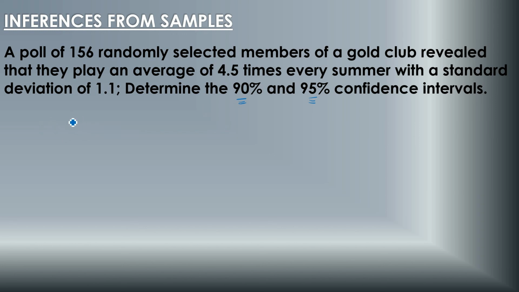And I'm going to go ahead. So my z-score at 90%, I'm going to inverse norm the 0.05. And that gives me a z-score of 1.645. That'll be good enough, which means my error is going to be 1.645 times my standard deviation, 1.1, divided by the square root of 156.